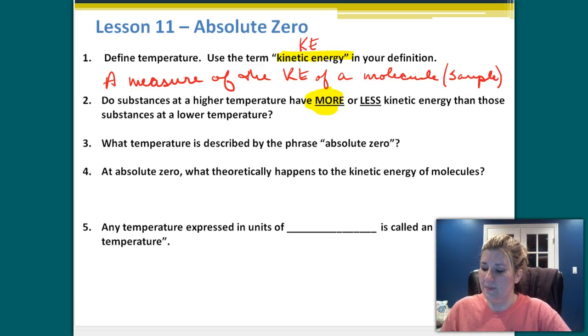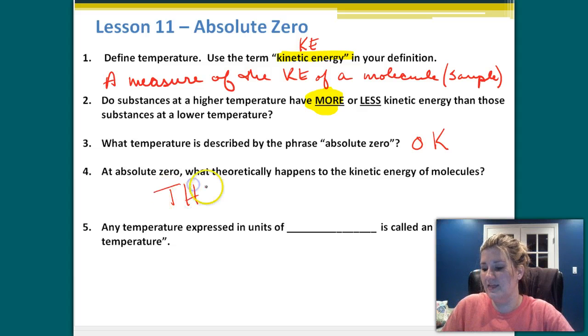What temperature is described by the phrase absolute zero? This is as cold as we can get. That is 0 degrees Kelvin, and nobody's actually reached it. At that temperature, what theoretically happens to the kinetic energy of molecules? They stop.